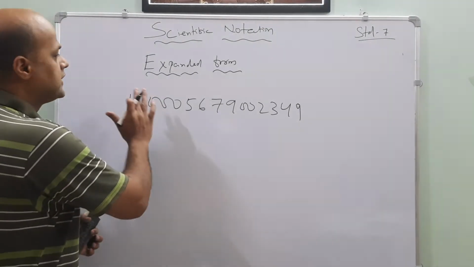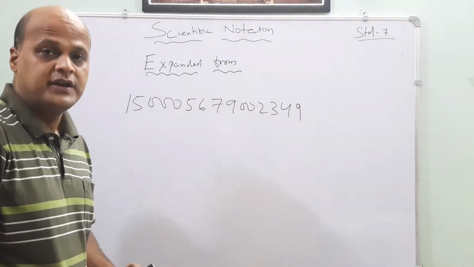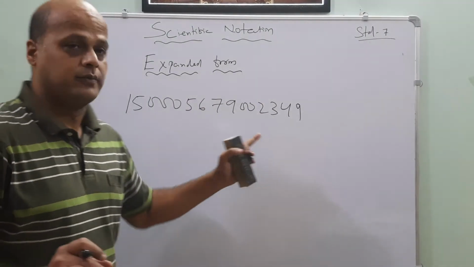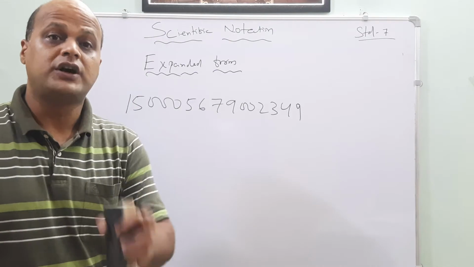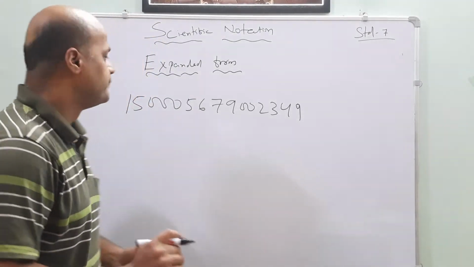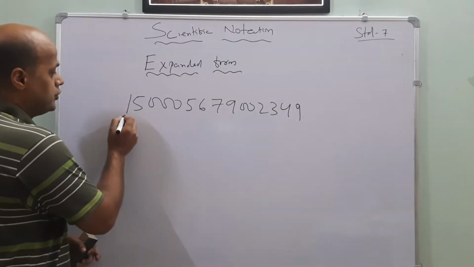If this kind of expanded form is given, how will you represent this number in scientific notation? Understood? So what do we have to do?